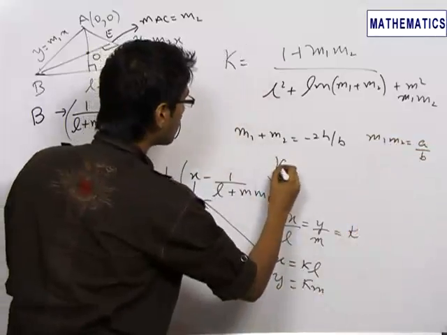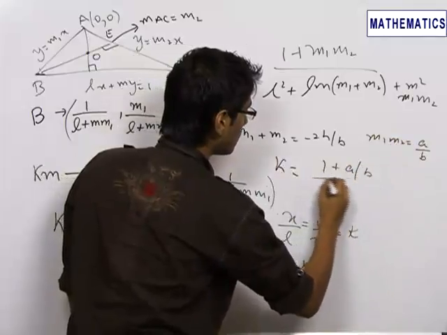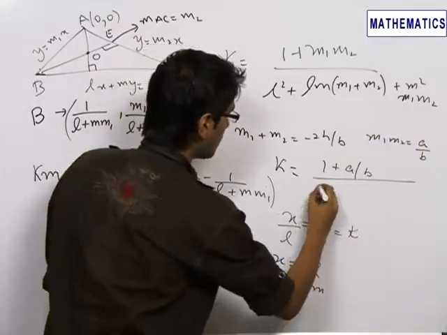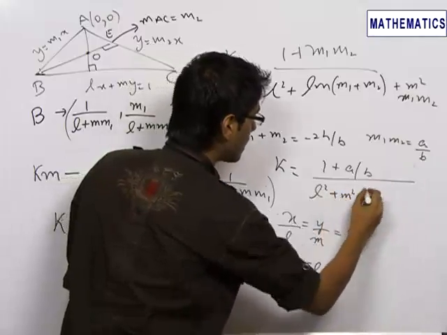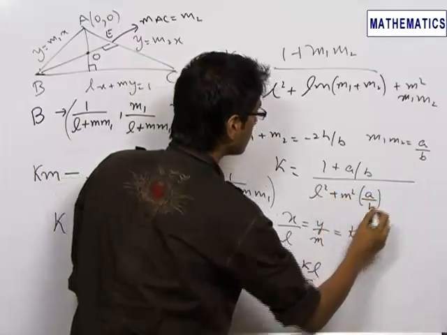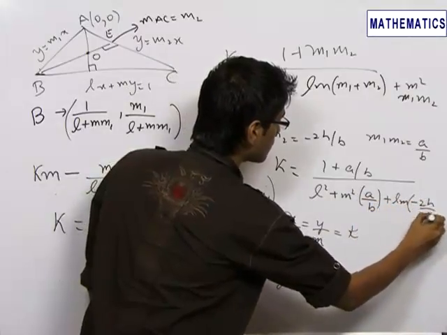So we get the value of k as 1 plus a upon b divided by L square plus m square times a upon b plus Lm times minus 2h upon b.